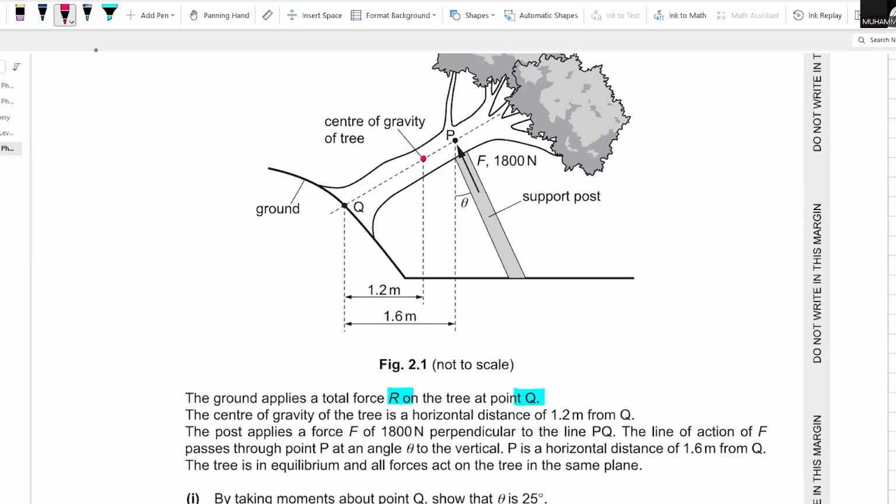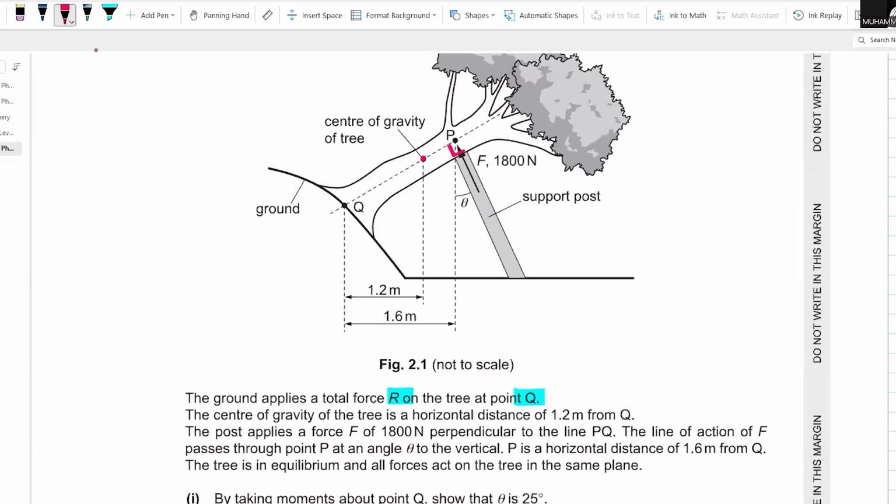The post applies a force of 1800 Newton perpendicular to the line PQ. So this is the force of 1800 Newton, making a 90-degree angle with line PQ. The line of action of the force passes through point P at an angle of theta to the vertical.